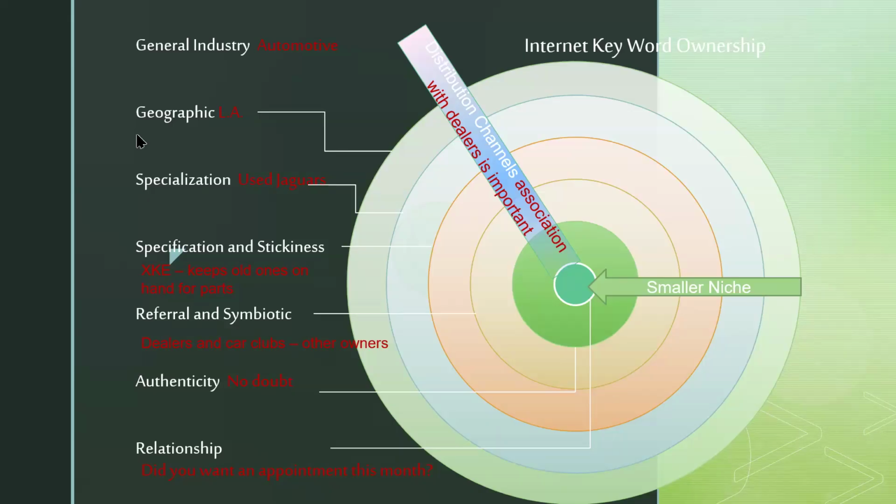So getting parts is difficult and is necessary, as I mentioned, on a frequent basis. So he kept several XKEs for parts alone. He tried to control the parts business. That gave him even more stickiness.